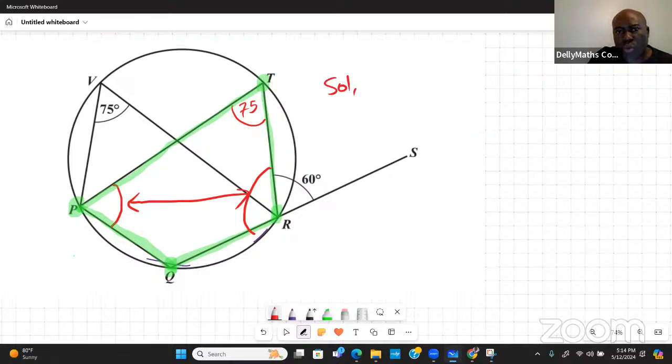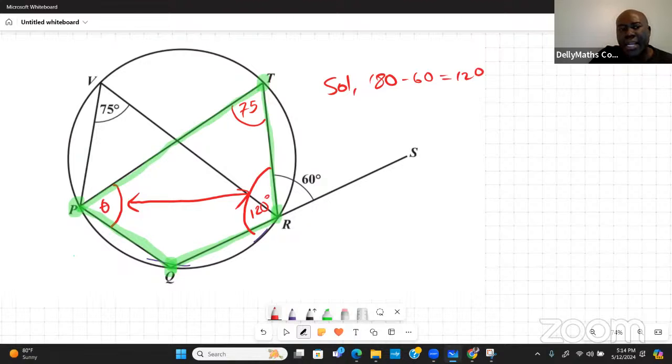So I'm saying solution one is that I could first find the angle at R right there. So that angle at R, I could say 180 minus 60. Why? Because it's a straight line QRS. So 120 is this angle here on the inside. Now, remember, that's not the answer to the question.